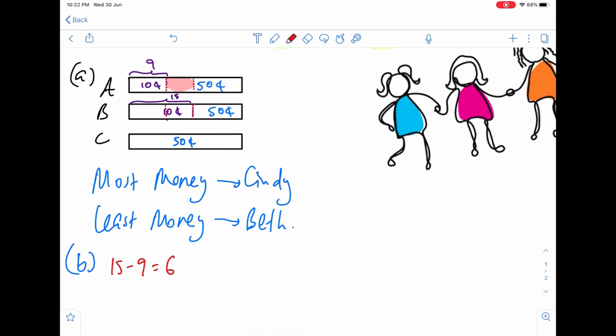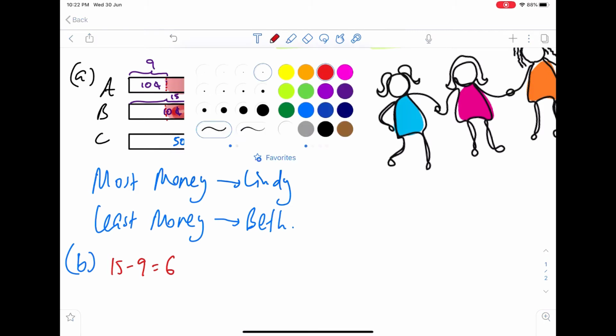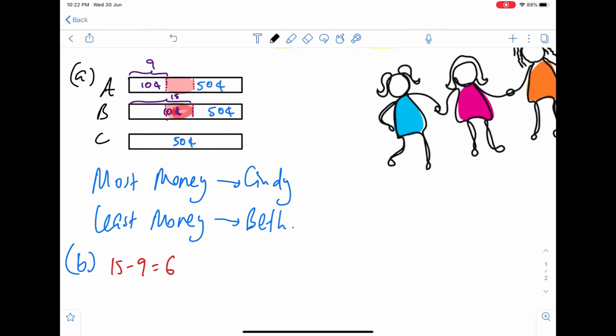What is the difference in value in this red section? Basically, what is the difference in the value of 6 50-cent coins versus 6 10-cent coins? Because the other parts are the same, we don't have to worry about them. There is no difference at all in these blue sections. The only difference is in the red section.